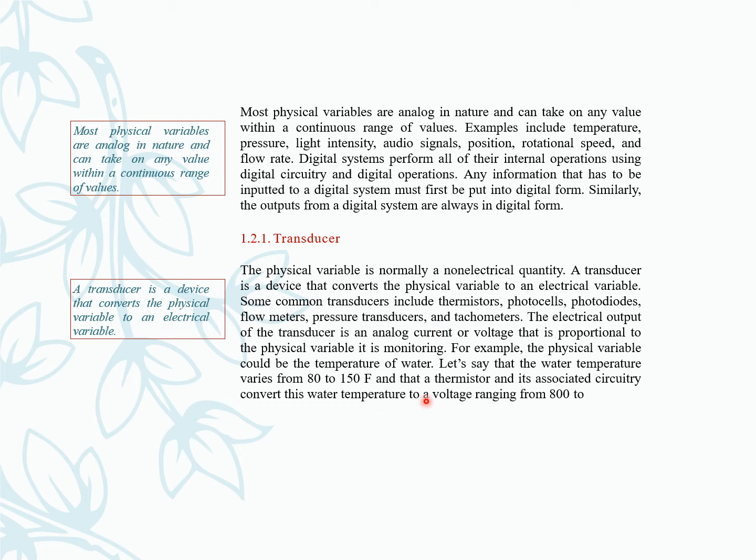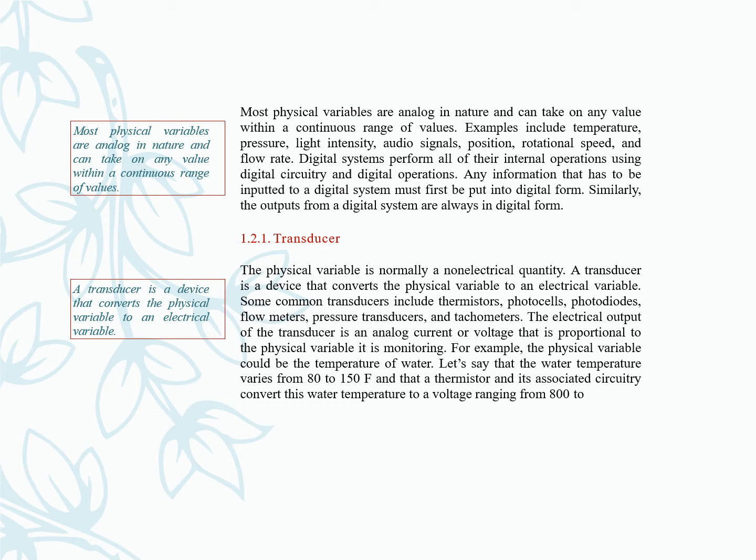The electrical output of the transducer is an analog current or voltage that is proportional to the physical variable it is monitoring. For example, the physical variable could be the temperature of water.